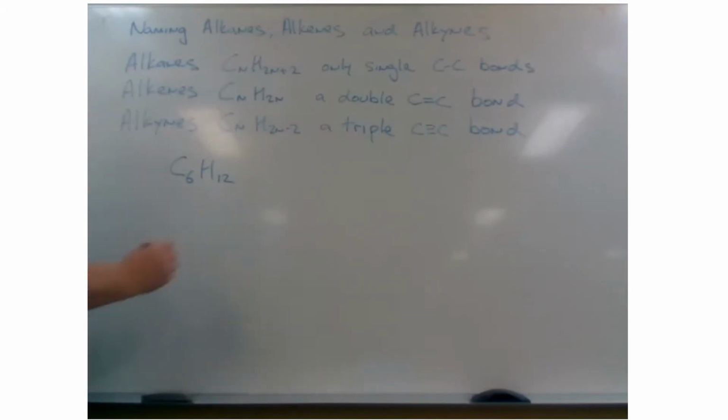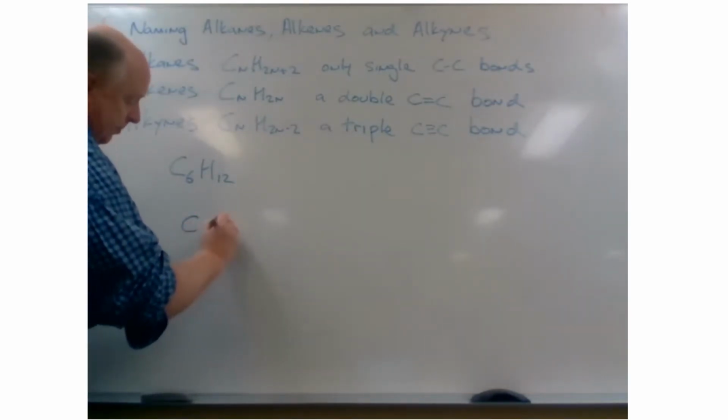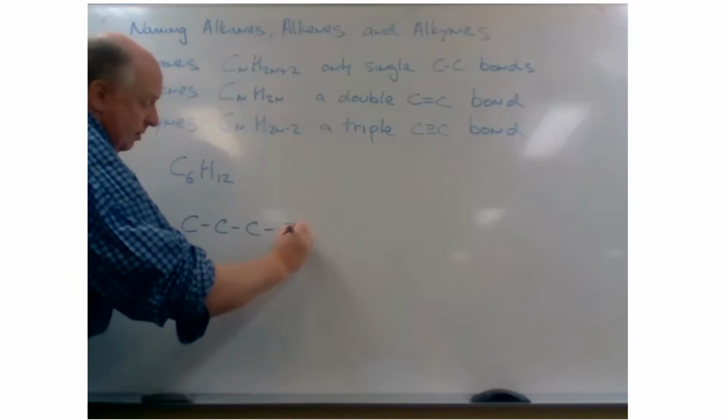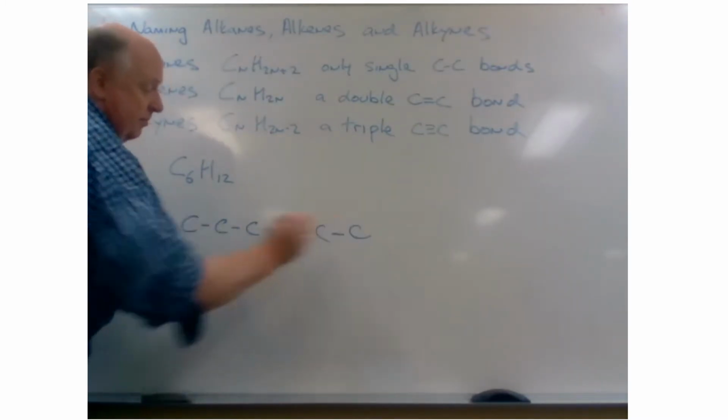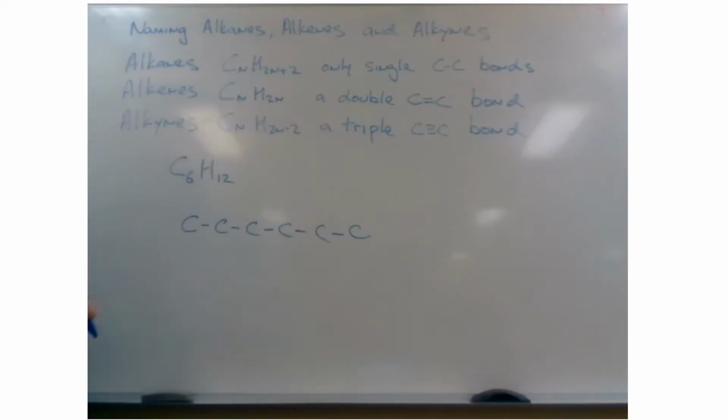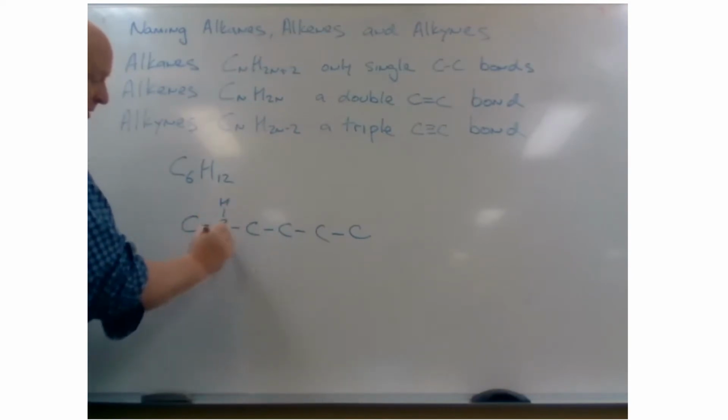So let's start. We draw 6 carbons, all bonded to each other. We now have to put in our hydrogens. We can do that a number of different ways, so let's start with these inner ones.